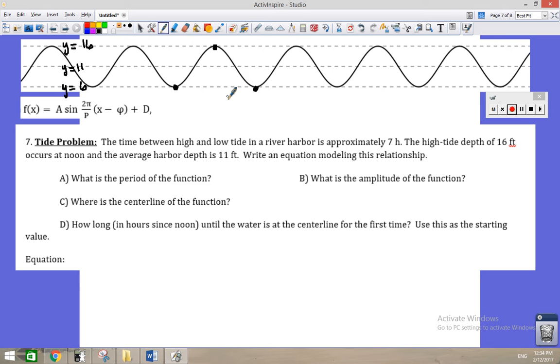Alright. So if half of the period is 7 hours, because the distance from the min to the max, or from the max to the min, is half of the period, then that means my period is 14 hours.